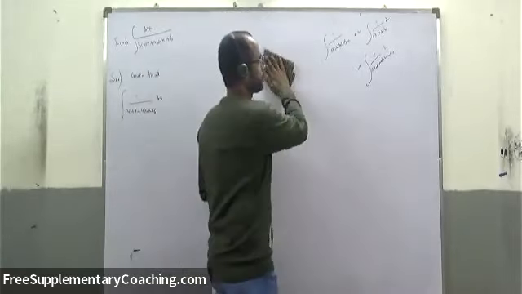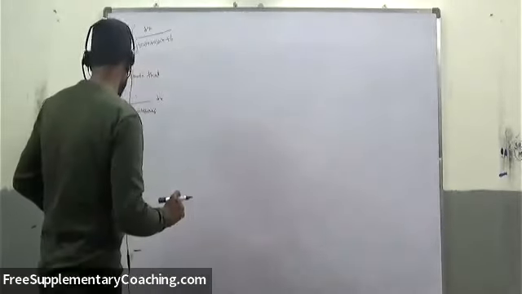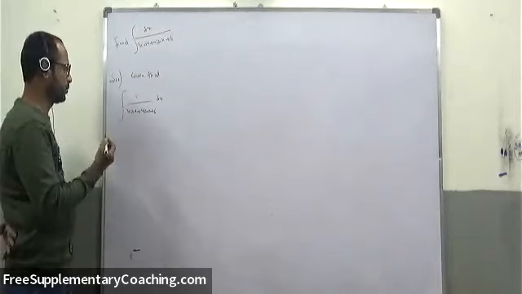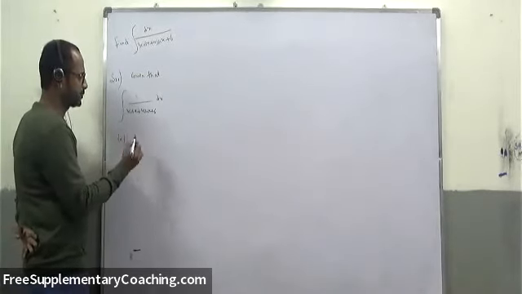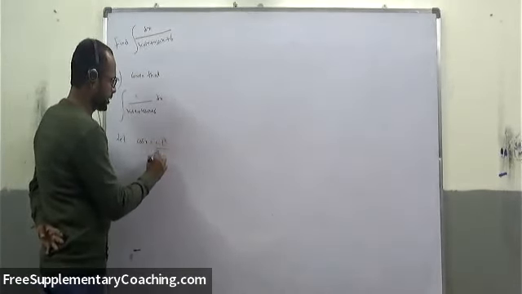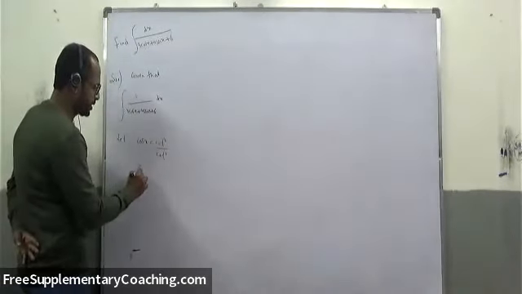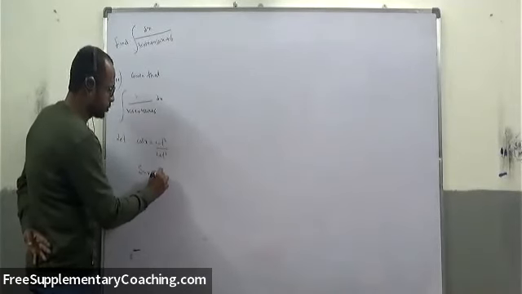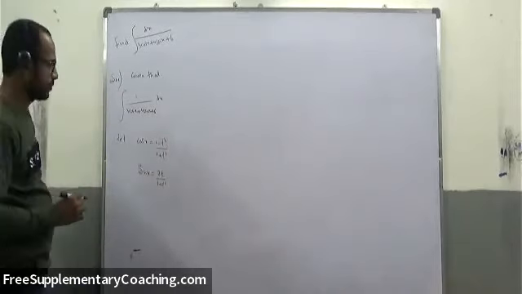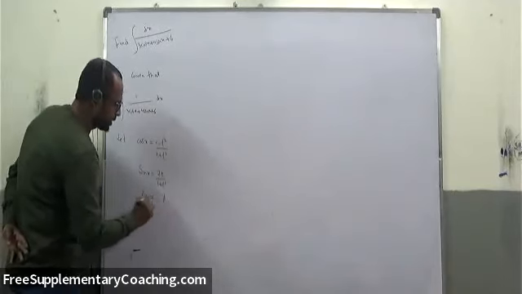Now, because it is in that form, we have to put cos x is equal to 1 minus t square by 1 plus t square, sin x is equal to 2t by 1 plus t square, and tan x by 2 is equal to t.